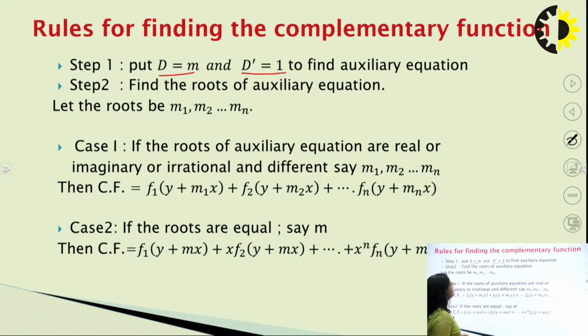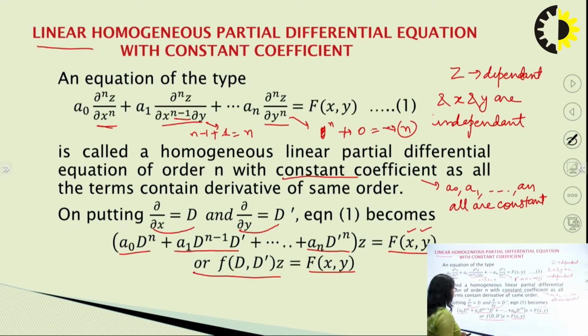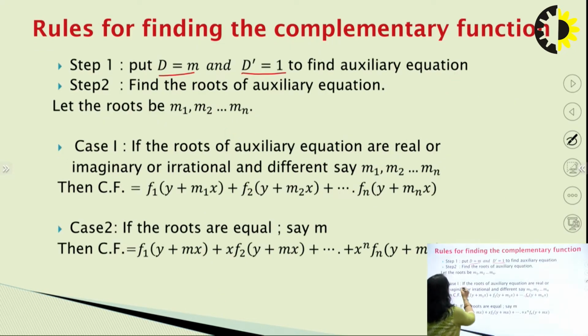If we substitute D as m and D dash as 1, the equation from the previous slide is converted into a function of m and 1. In the second step, the roots of this equation can be written as m1, m2, up to mn. We can find these values of m1, m2, up to mn.